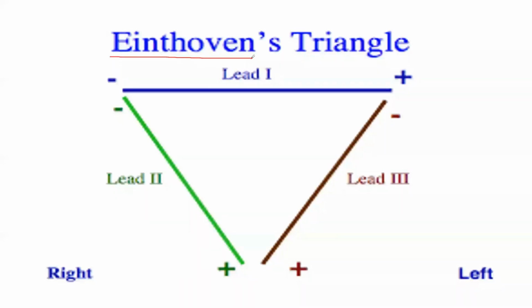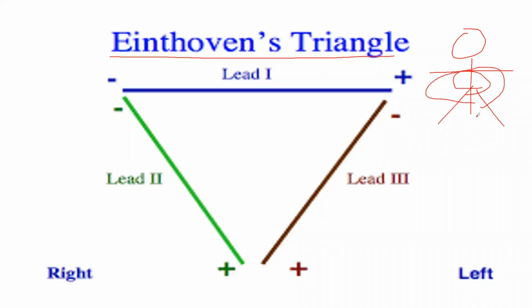First, we had Einthoven's triangle. In the past, they brought patients and put electrodes in a way that surrounds the heart all around. To never mistake the places on the chart, the negative will always be in the right arm.